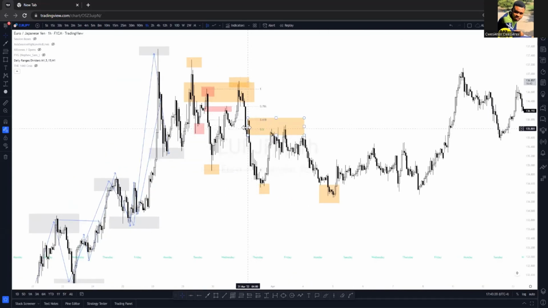But if this order block was supposed to be below or somewhere here, which is below the equilibrium price, right? If it's below there, then there's no way you should be looking at this place as your continuation trade, right?